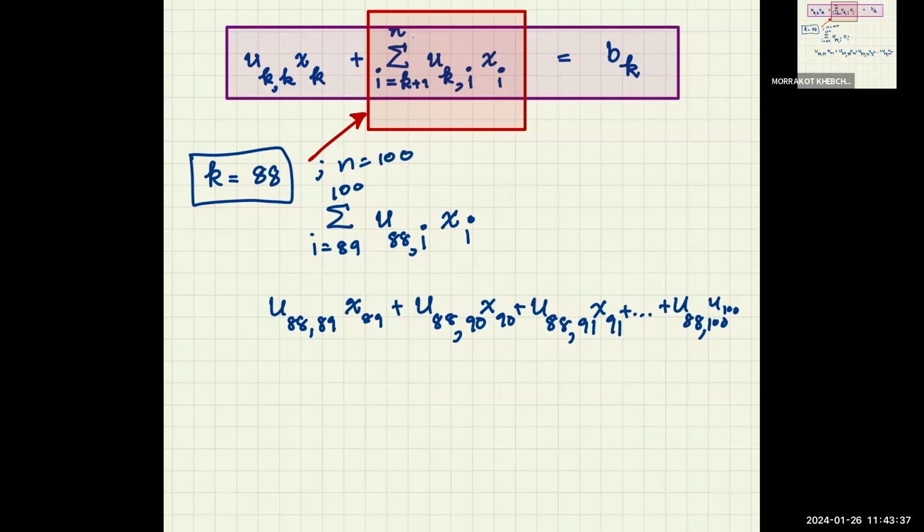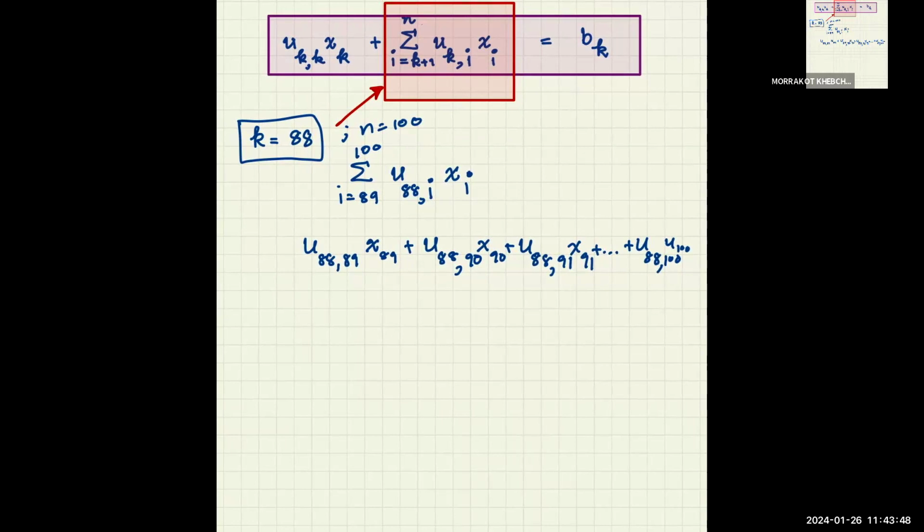So when you do this one, how can you find the sum? If I want to do the sum, you have to set summation equal to 0, right?